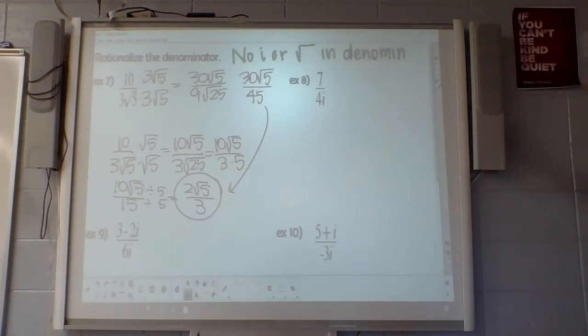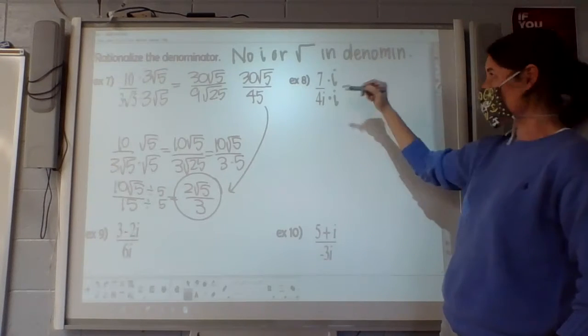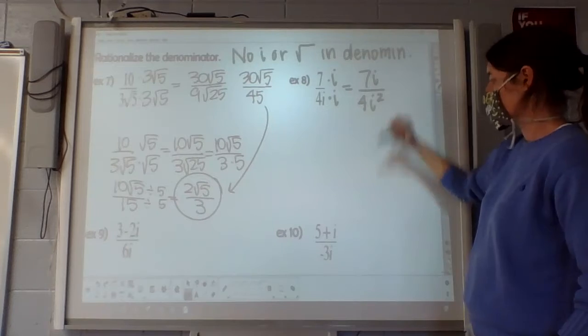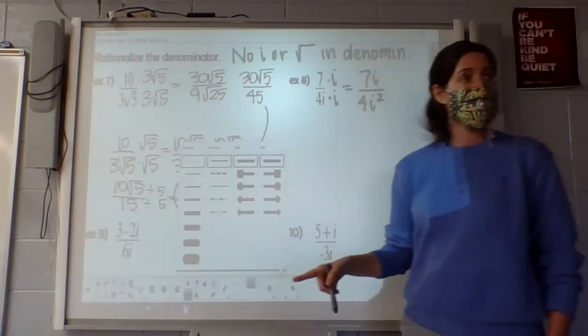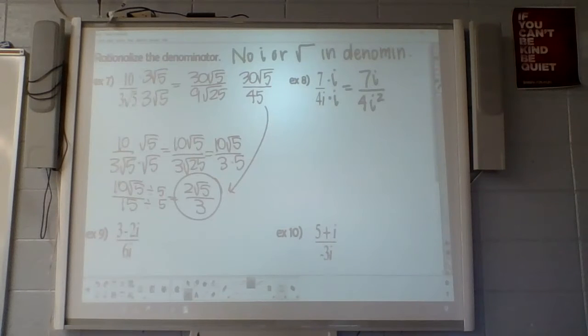So there's no I in the denominator. So what are we going to multiply to get the I out of the denominator? Just I. You can multiply by 4i if you wanted to, but actually just using I works probably a little bit quicker. Okay? What's that? -1. Remember I is just the square root of -1. It's I squared that's -1.